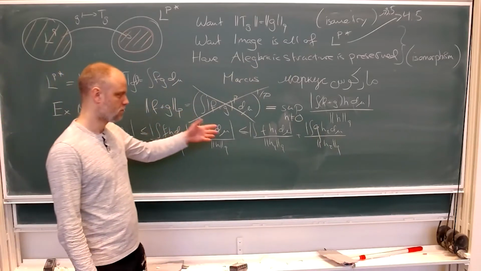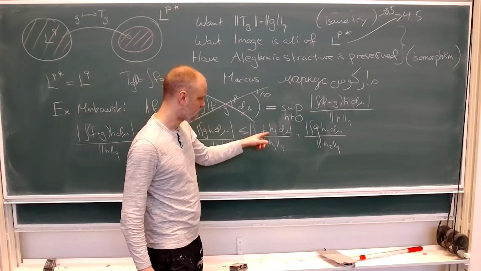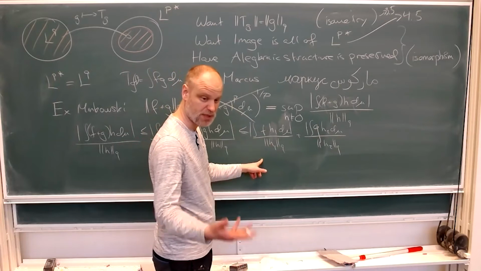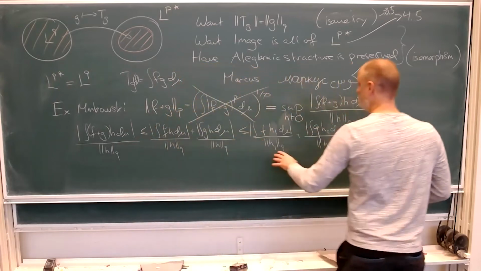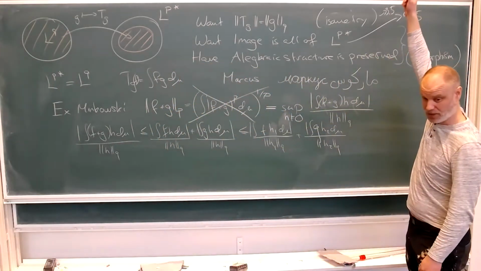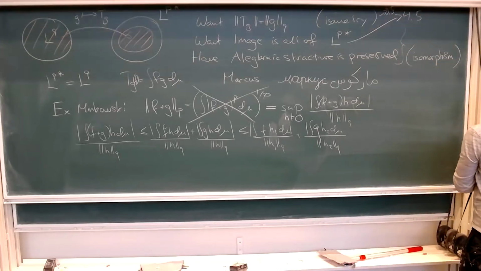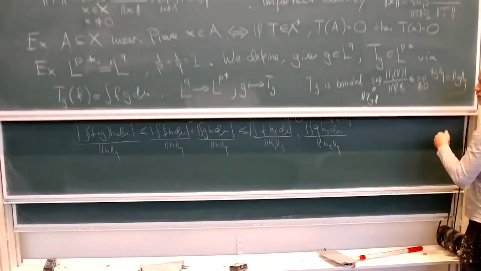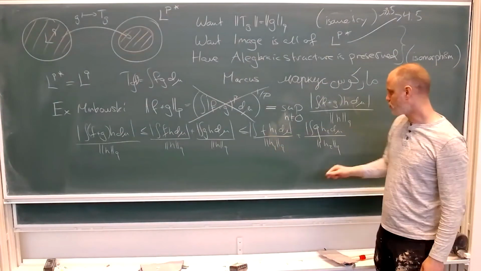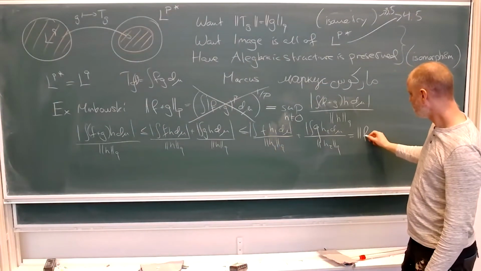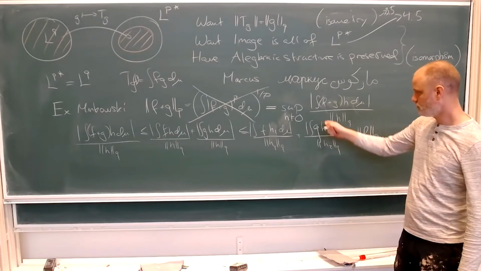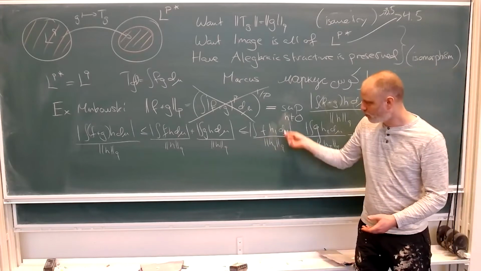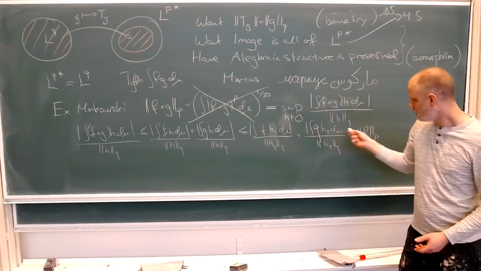Now you see, this is T_h1 divided by the norm of h1, or T_h1 or h1 is the same thing. So by this formula that went up there, this one here is just the norm of f. And similarly here, if I do the supremum over all h1, I get the norm of f.